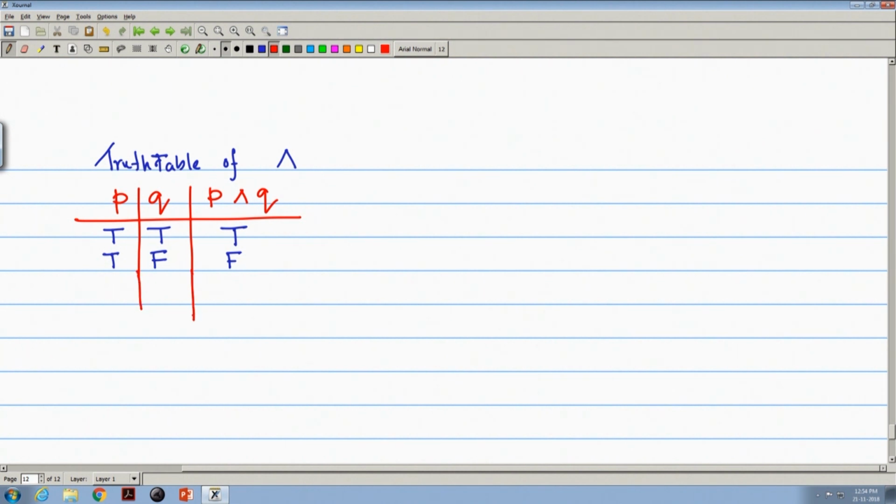If it is false and true, then this is false. If both are false, then it is false.